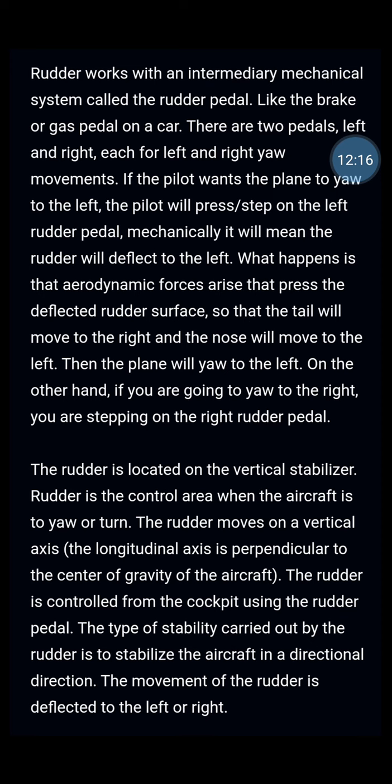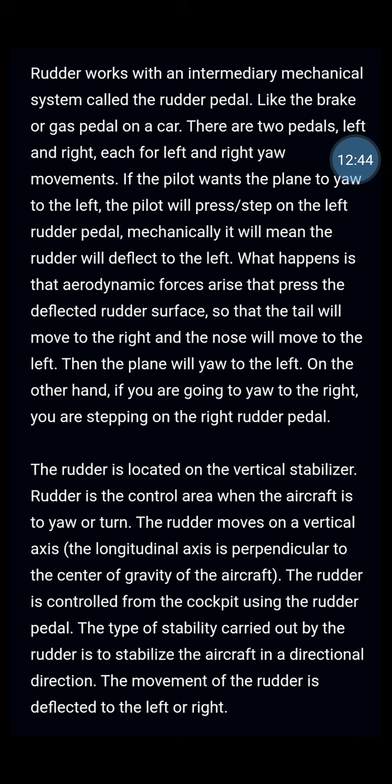What happens is that aerodynamic force presses on the deflected rudder surface so that the tail will move to the right and the nose will move to the left. Then the plane will yaw to the left.